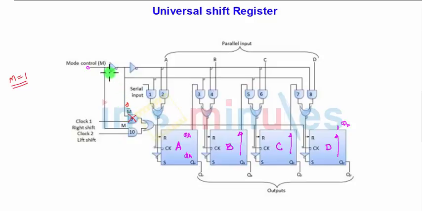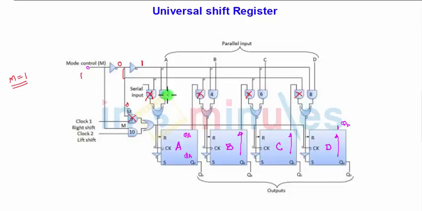Along with this, since M is equal to 1, the complement of M, which is 0, is connected through this line to AND gate 9 as well as AND gates 1, 3, 5 and 7, which will be disabled.